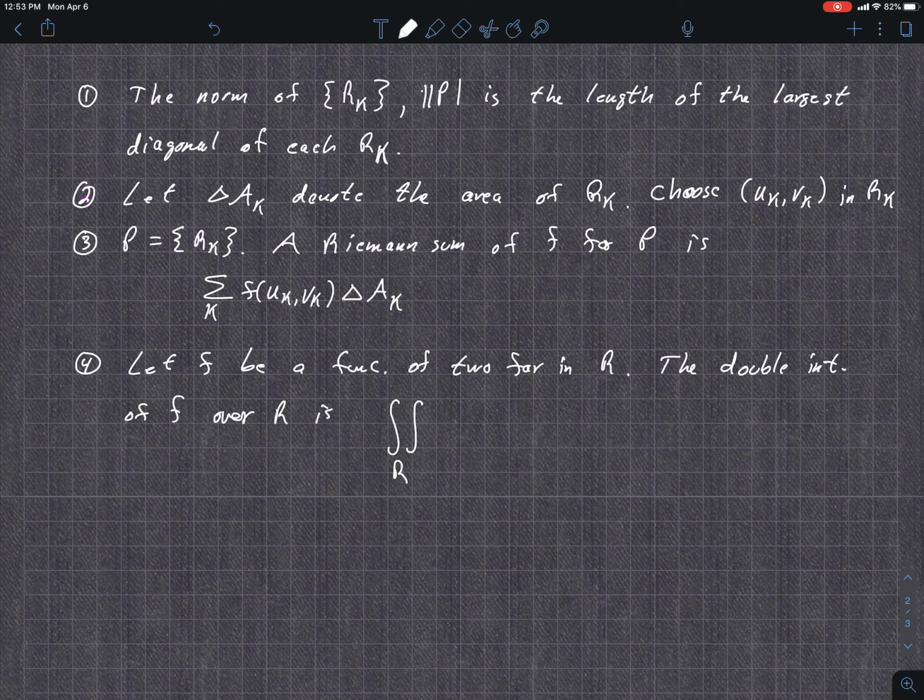So you say the double integral over R of f of x dA is equal to that limit.